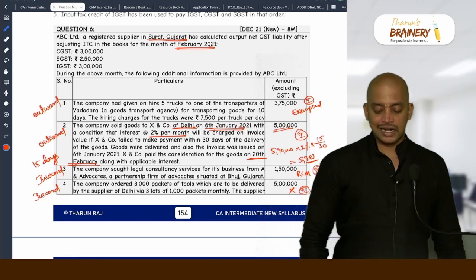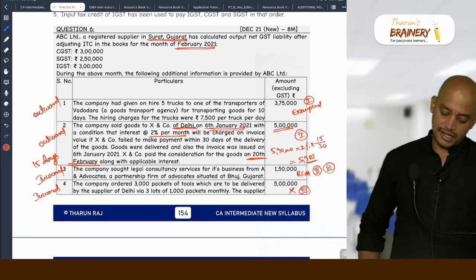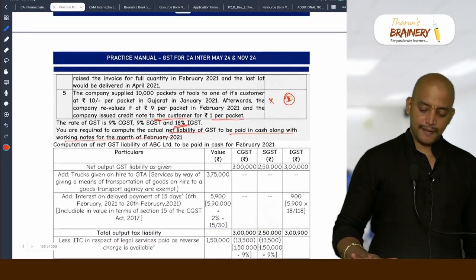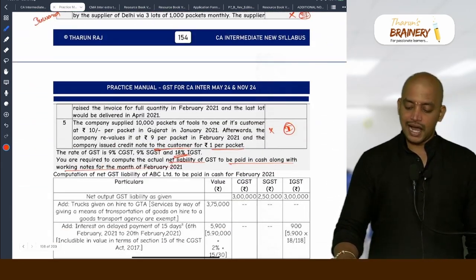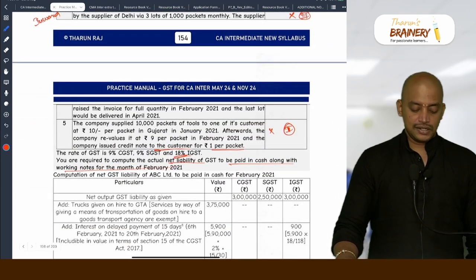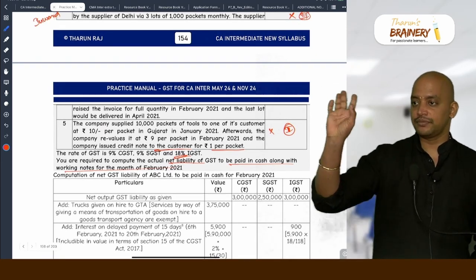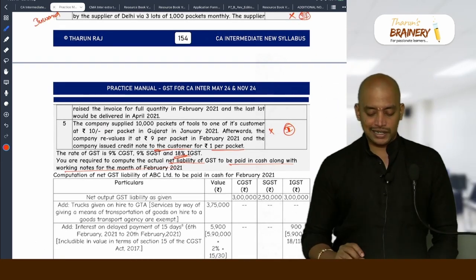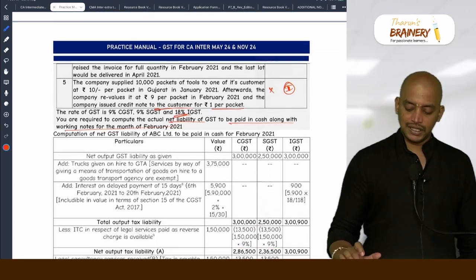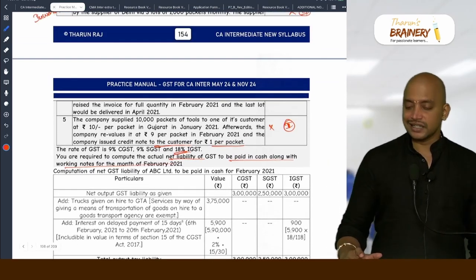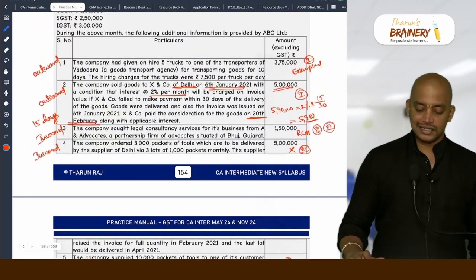GST component is 900. Then next, any other outward supply? No. Last one we need to write. What is that? Post-supply discount not allowed as deduction in exam. Okay. So, what is the total? 3 lakh, 2 lakh 50 and 3 lakh 900.